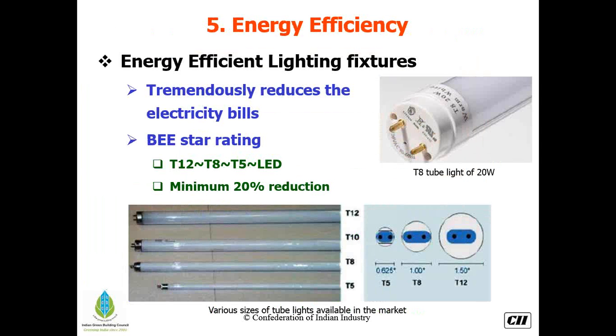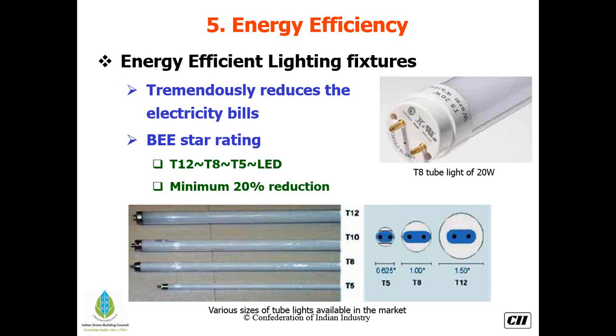Next, we'll move on to energy. We see a lot of power cuts because there is a lot of usage of power, and not so much energy is produced. So how can we improve energy efficiency at our site itself?